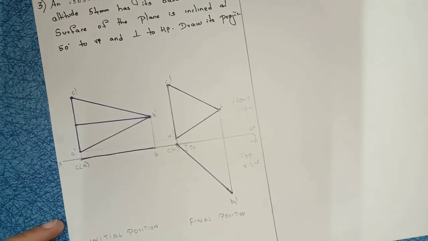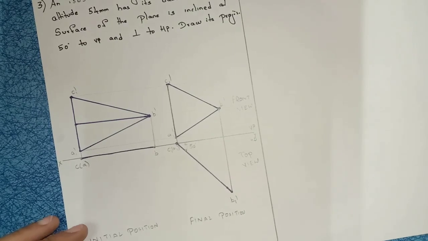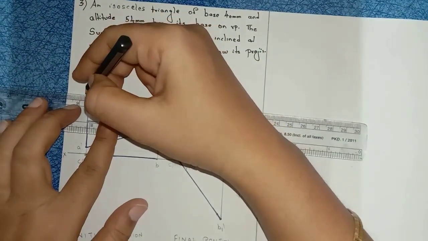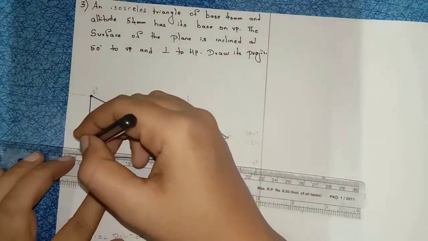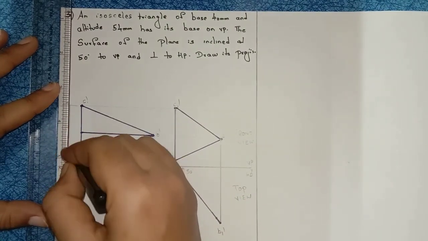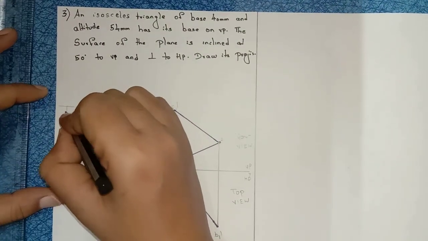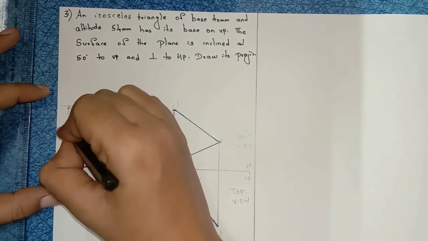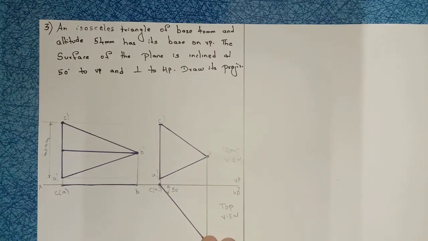Now in this question they mentioned the base is 50 mm. From this I am drawing the extension line and marking the dimension line here, with closed and filled arrow marks. Altitude is 54 mm.